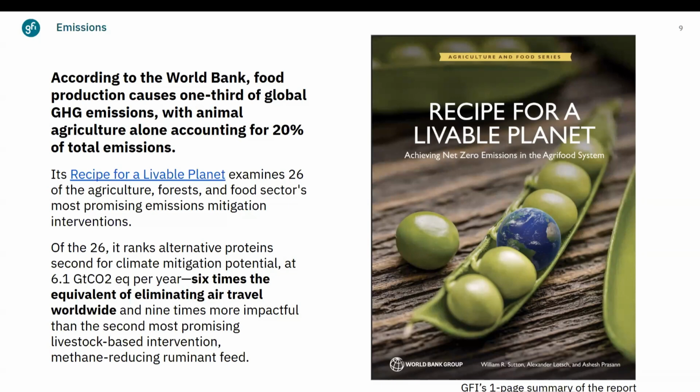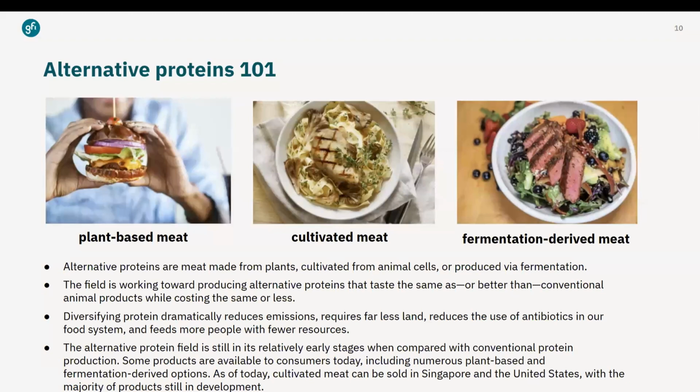If you think about a recipe for a living planet, this is a great study looking at to what extent our emissions are a part of the big picture, and estimates vary. But if you think about all the people we have to feed and everything that goes into that, that's a massive, massive problem.